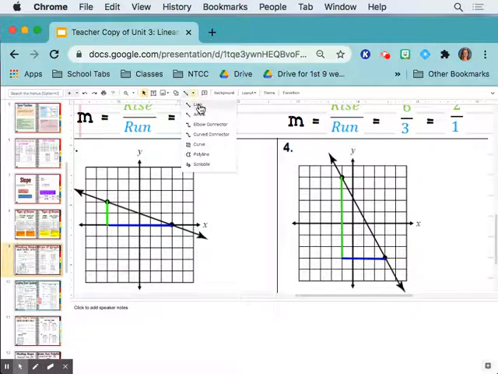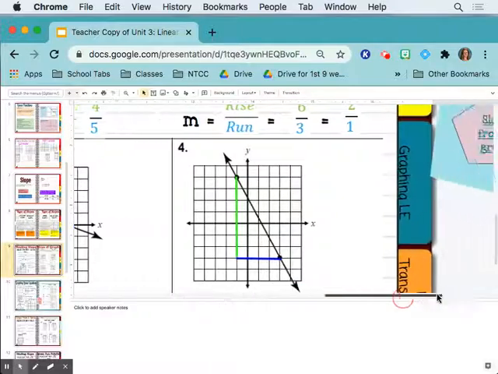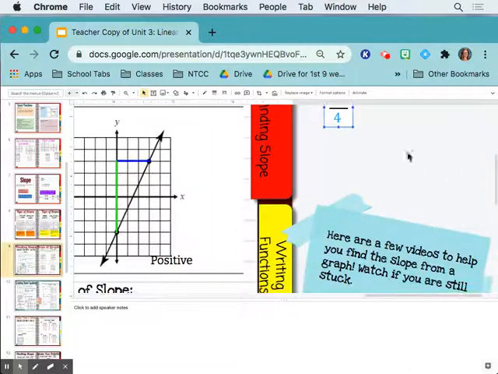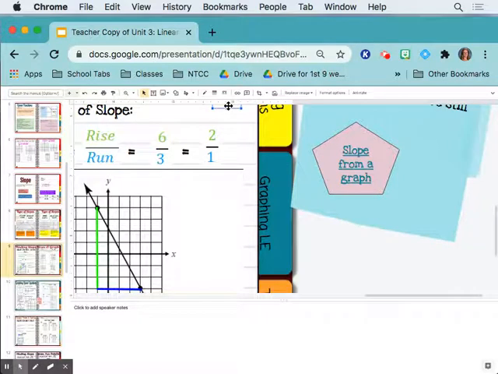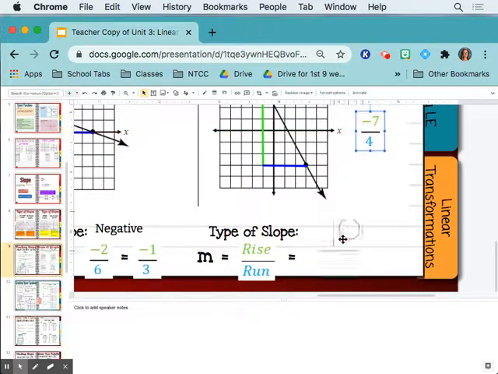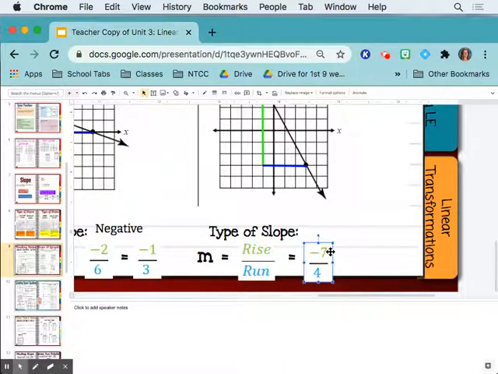And if you need to, do the scribble tool. 1, 2, 3, 4, 5, 6, 7. It didn't even stick. What happened? It's crazy. Okay, so 7/4. -7/4. And we cannot reduce that, so it just stays like that.